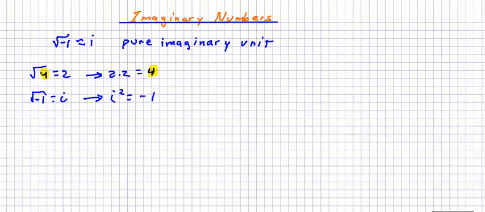The square root of 4 is 2 because 2 times 2 is 4. The square root of -1 is i. That means i times i is -1.